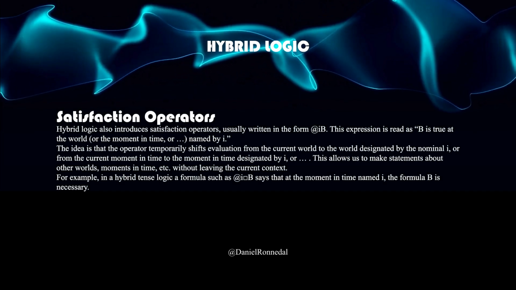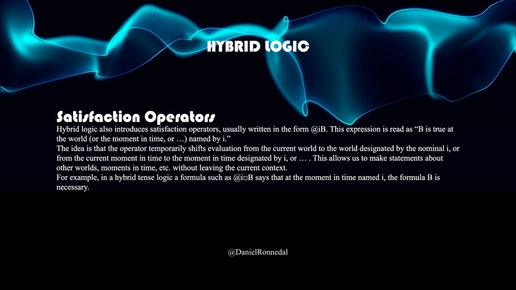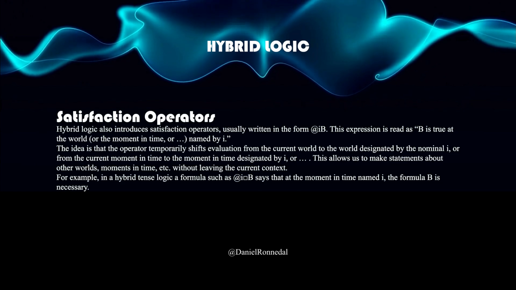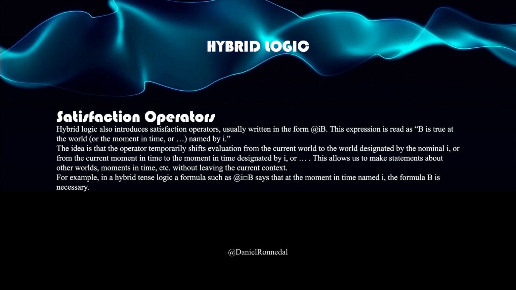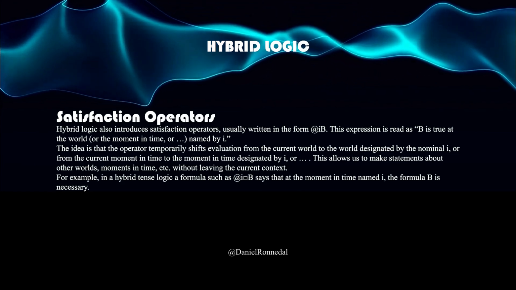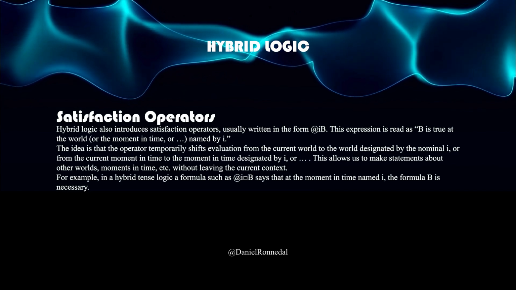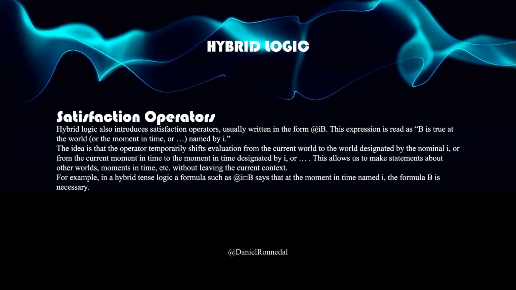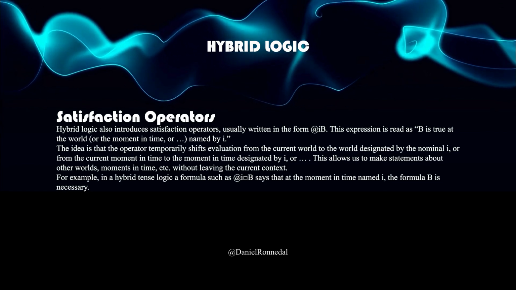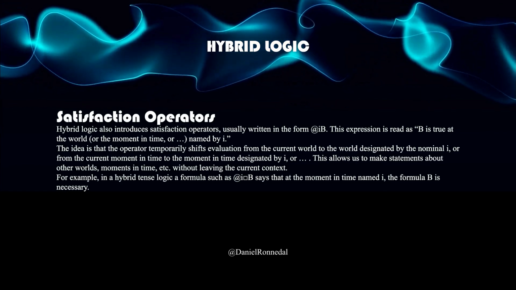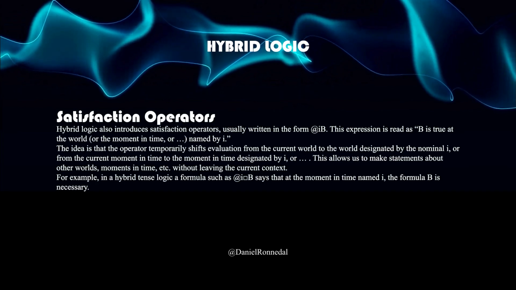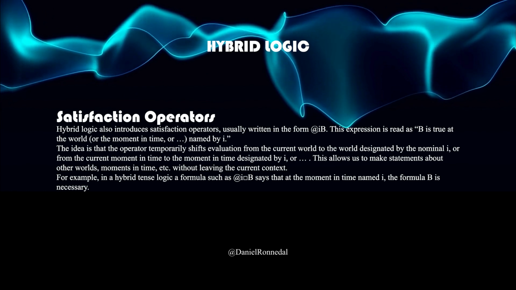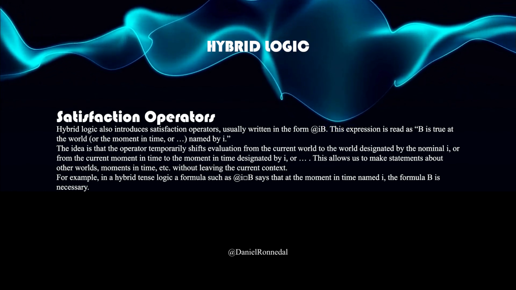Hybrid logic also introduces satisfaction operators, usually written in the form at I, B. This expression is read as B is true at the world, or the moment in time, or ... named by I. The idea is that the operator temporarily shifts evaluation from the current world to the world designated by the nominal I, or from the current moment in time to the moment in time designated by I, or ... This allows us to make statements about other worlds, moments in time, etc. without leaving the current context.